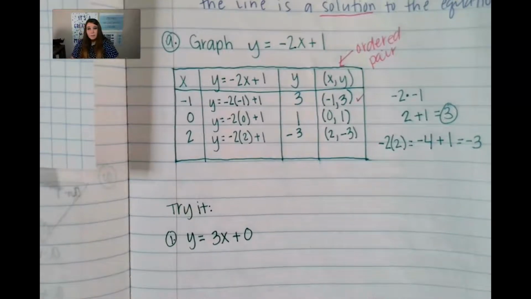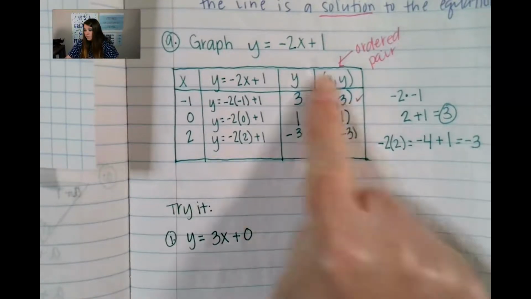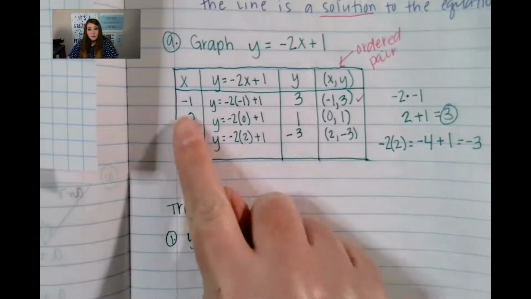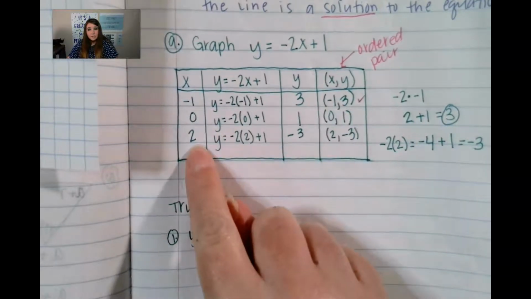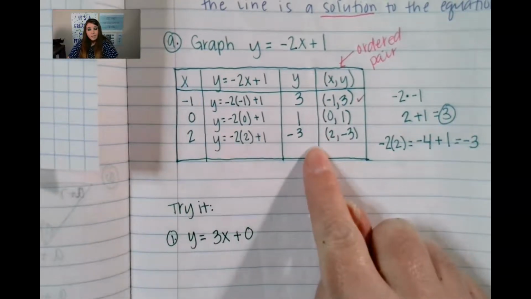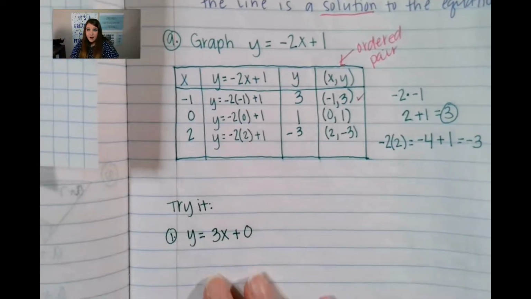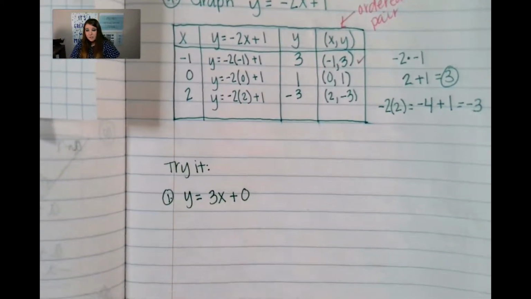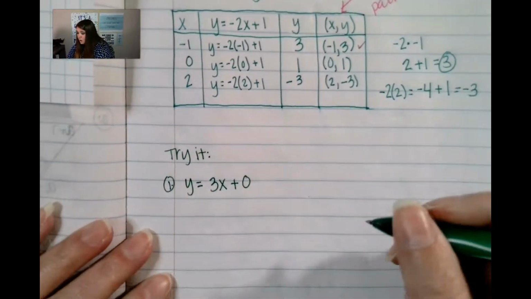All right, so remember the first thing you do is to create a table of values with these for your x's, figure out what your y's are, and then go ahead and graph. All right, hit pause right now so you don't hear me, and then I am going to start to solve.